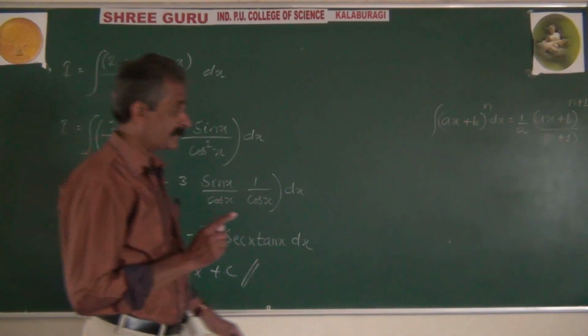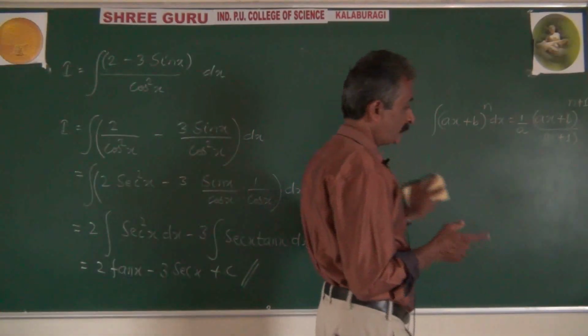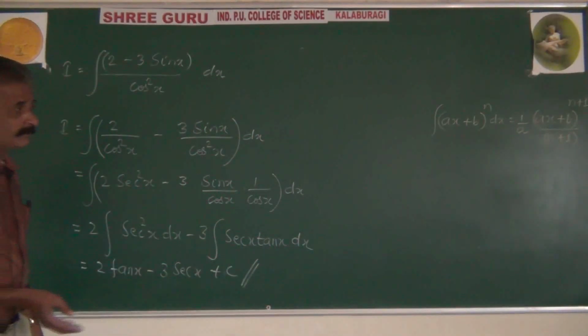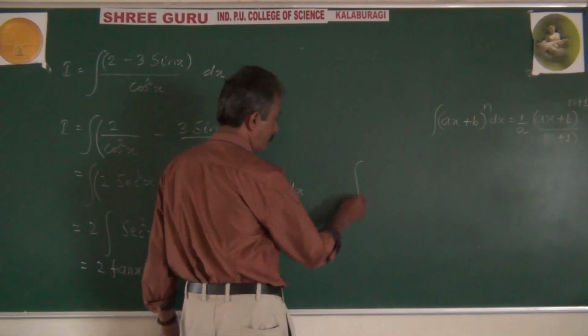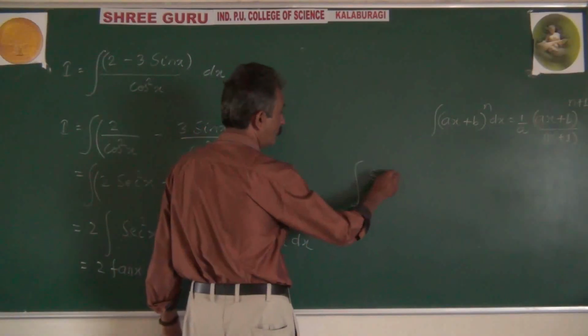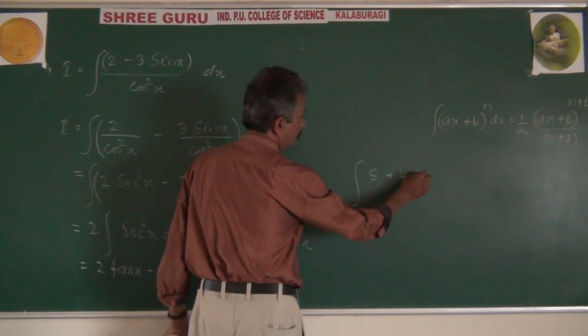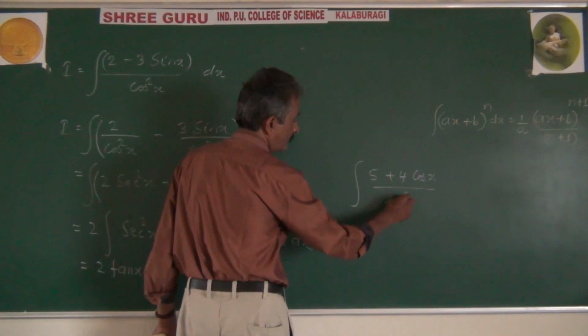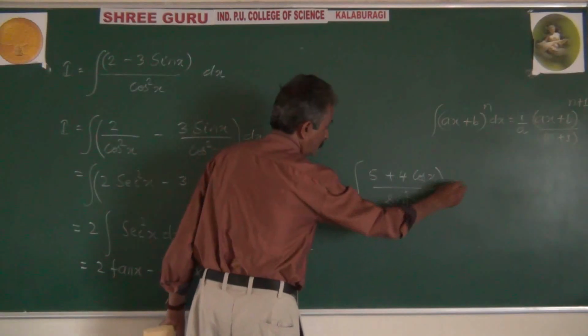Integration of cosec x cot x will be minus cosec x and so on. You can try yourself if interested. Similarly, try 5 plus 4 cos x divided by sin square x. Try yourself just like the last problem.